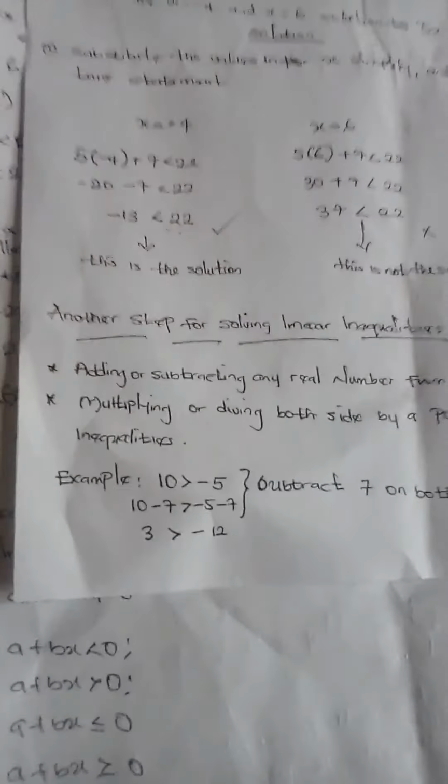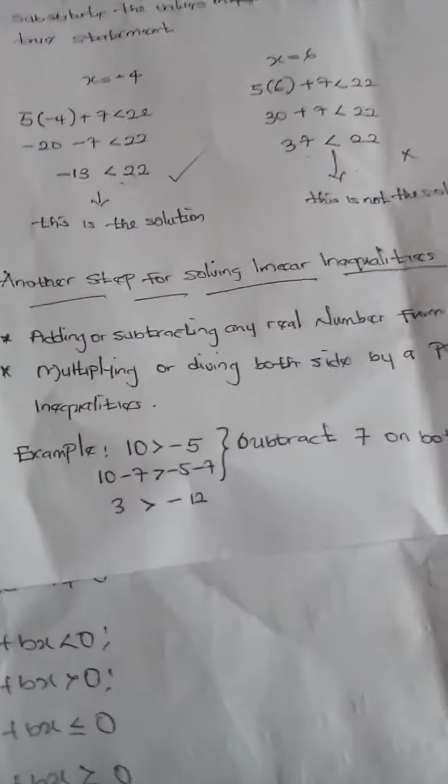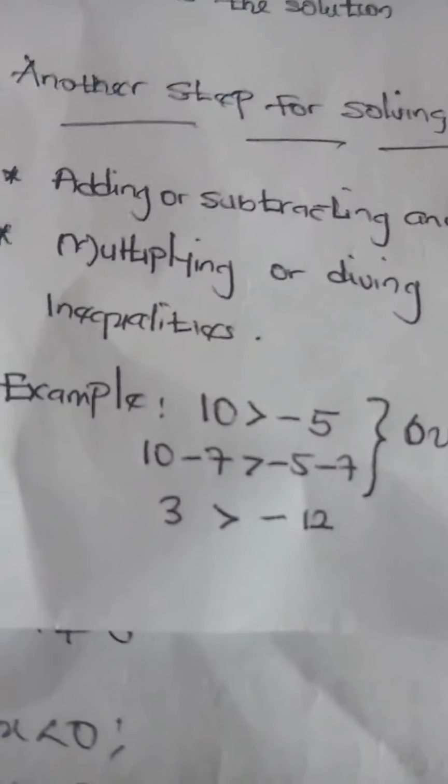After that, there are other steps you can actually use to solve linear inequalities, not only the table step and substitution steps. They include adding or subtracting real numbers on both sides of the inequality, and also multiplying or dividing both sides by positive real numbers to create equivalent inequalities.